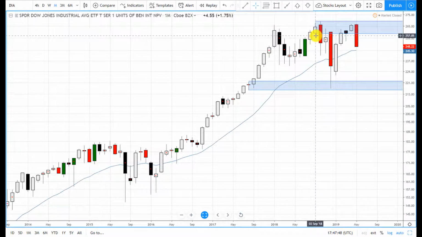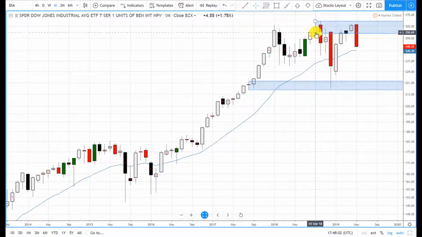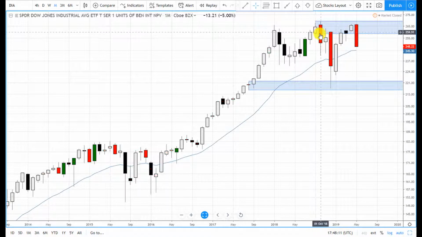There's nuances and rules manifesting the probability of the price dropping, and because of the trade war it's helping this drop in the supply zone. But without the trade war it could have easily broken this supply zone and gone up higher, just because of the way that this supply zone was formed.